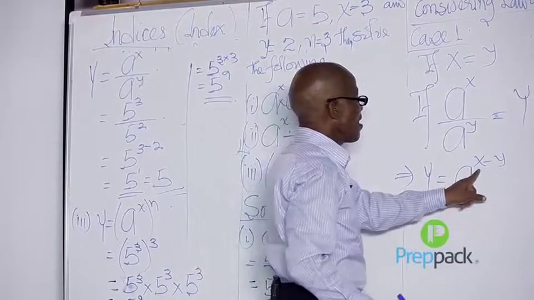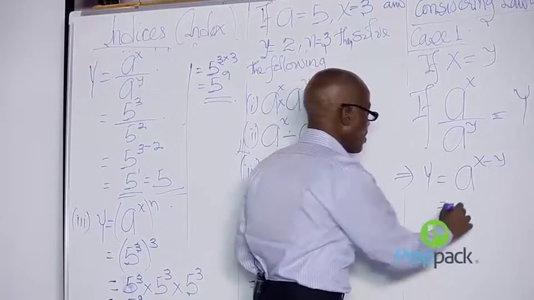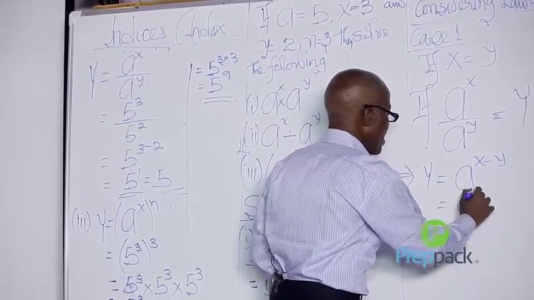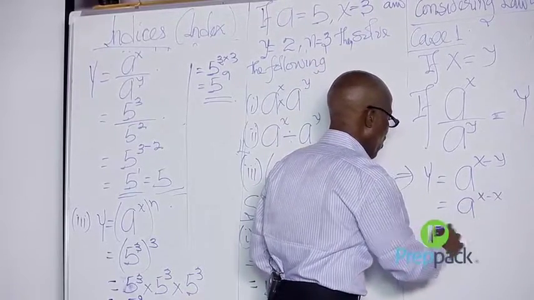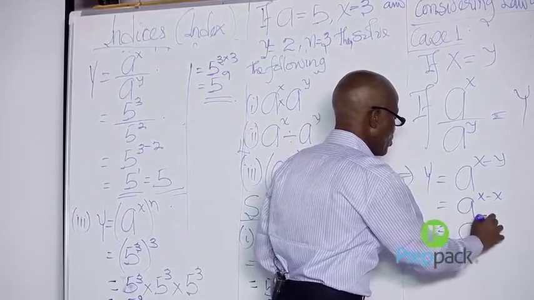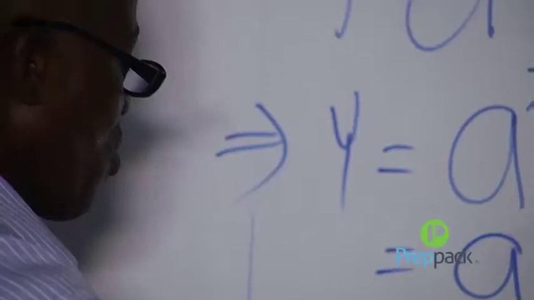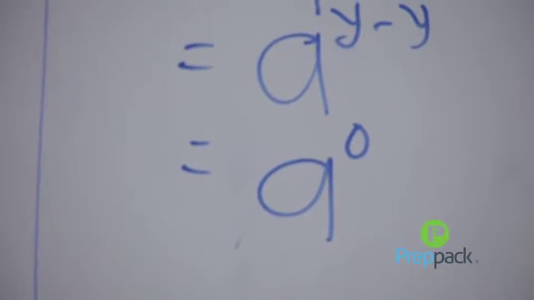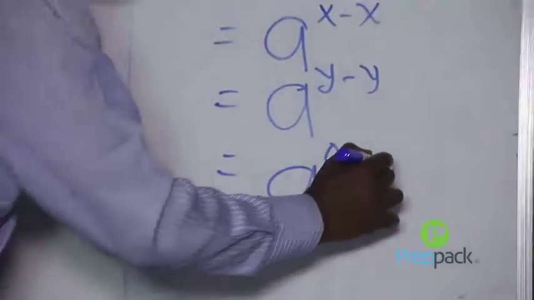And so if x and y are equal, we have either x minus x or y minus y, which is equal to a raised to power 0.